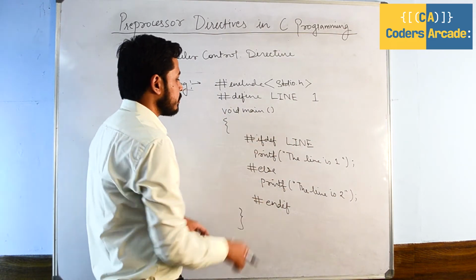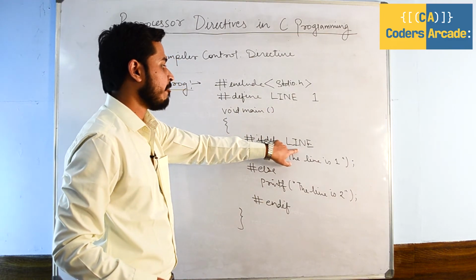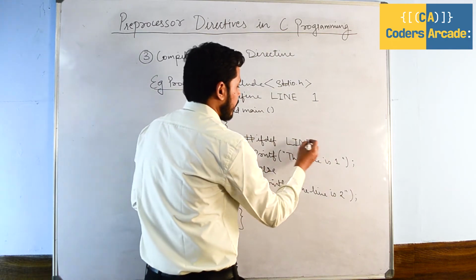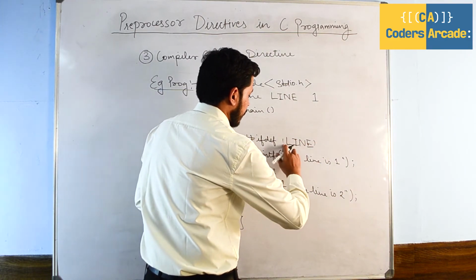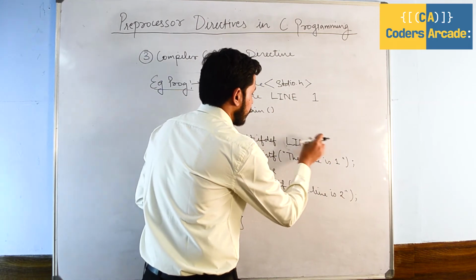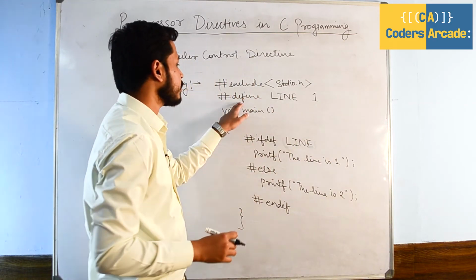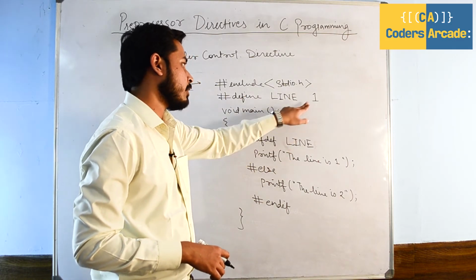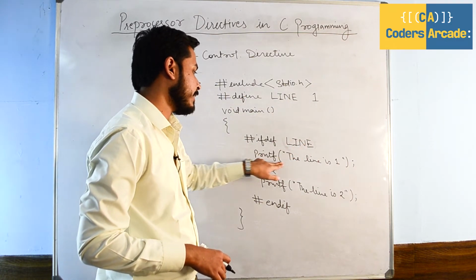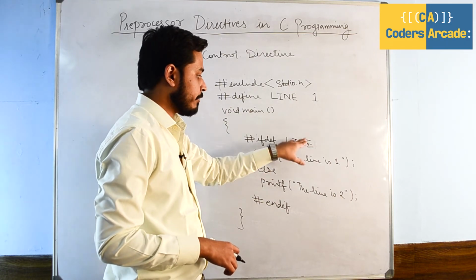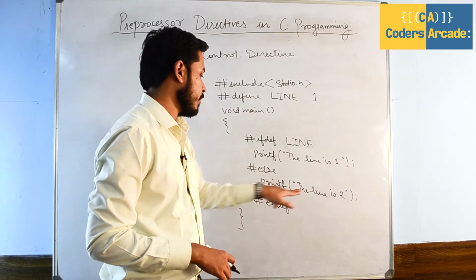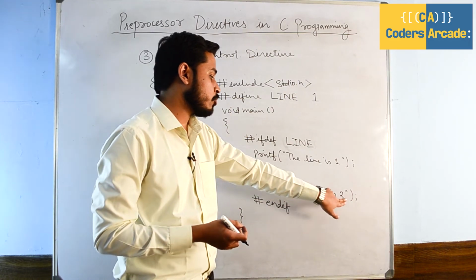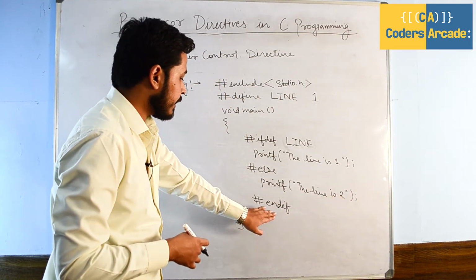In our main function, ifdef LINE means LINE will be swapped with 1, and then in printf, if it is 1, it will say the line is 1. Else printf the line is 2, and then endif.